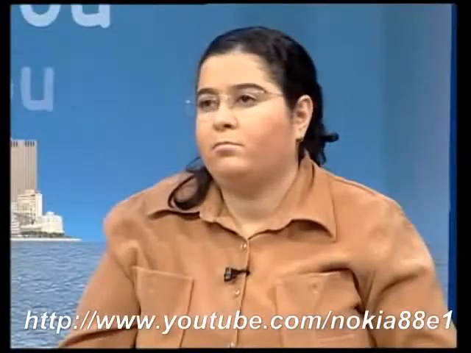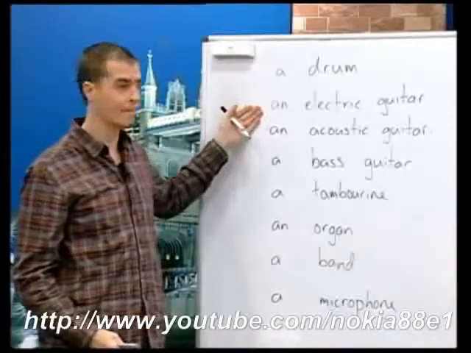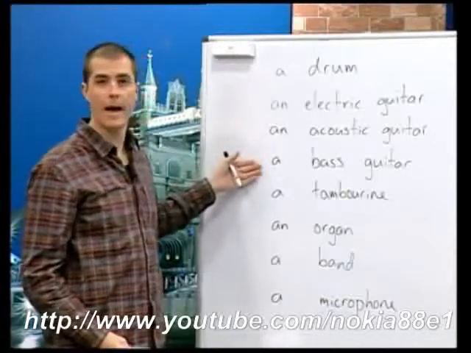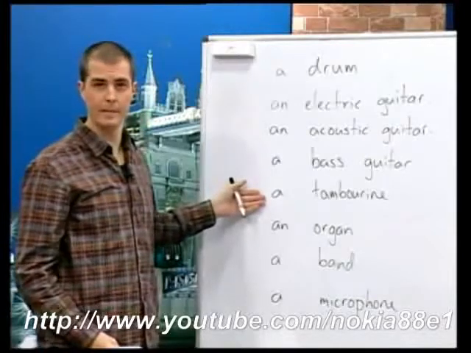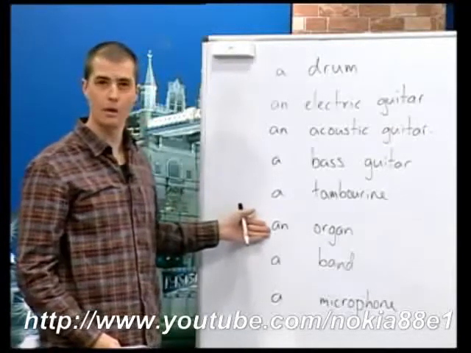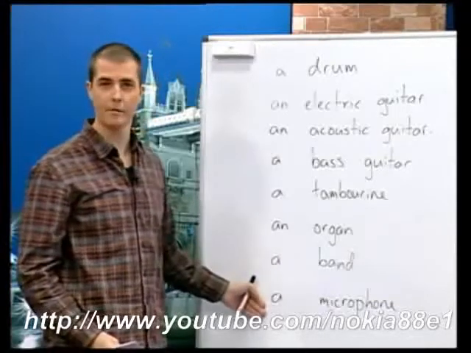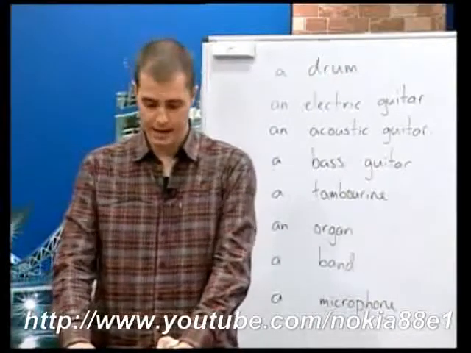So we have here a drum, an electric guitar, an acoustic guitar, a bass guitar, a tambourine, an organ, a band, and a microphone. Well, today we're going to review again, and let's begin.